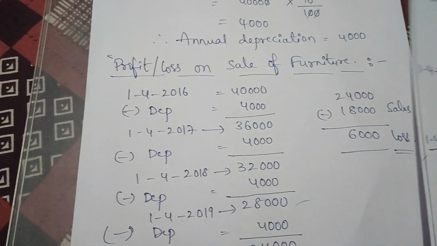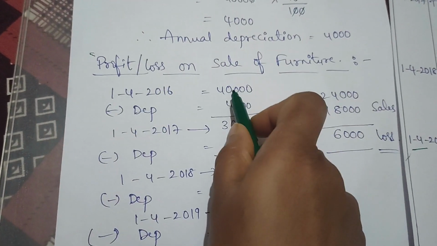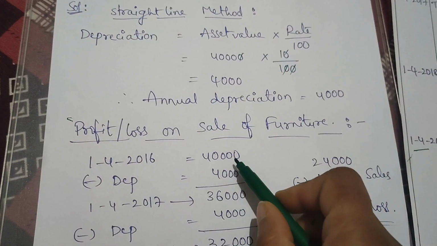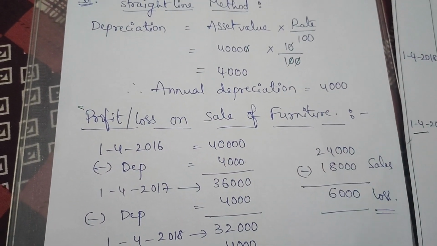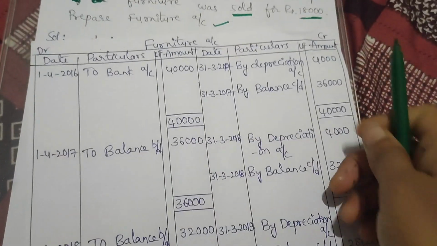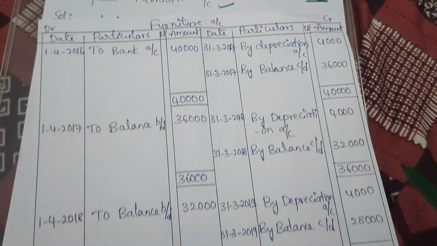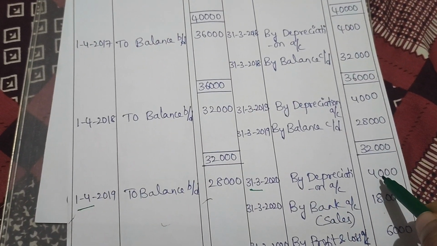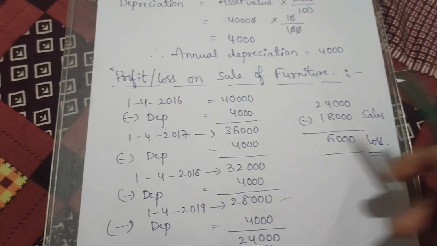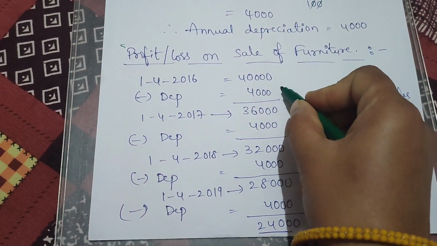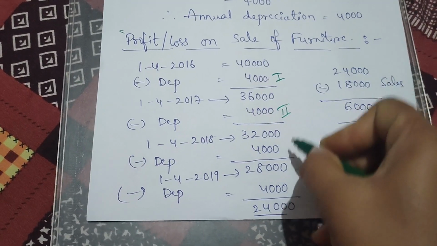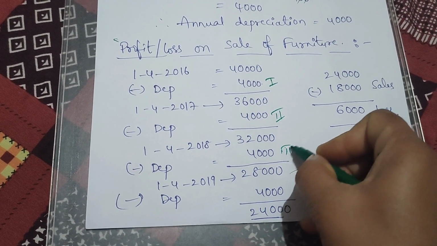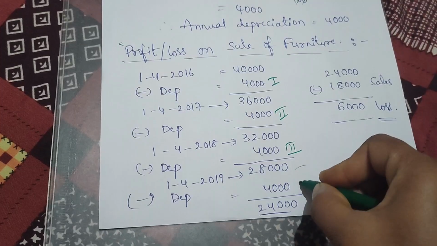So what you should do here? You should take first the opening date asset value, 40,000. Every year's depreciation you should deduct. Here we have depreciation: first year 4,000, second year 4,000, third year 4,000, next year 4,000. So all depreciations we have to deduct: first year depreciation, second, third and fourth year depreciation.